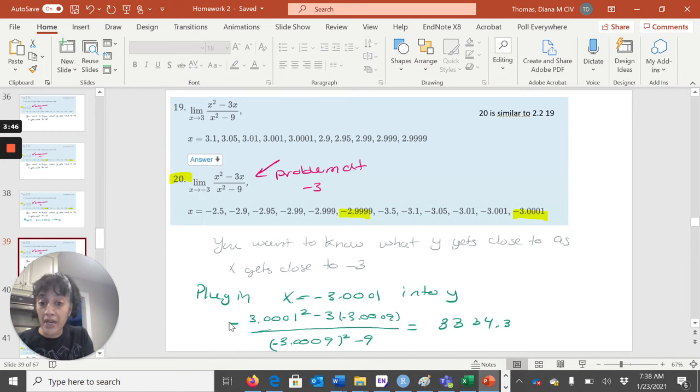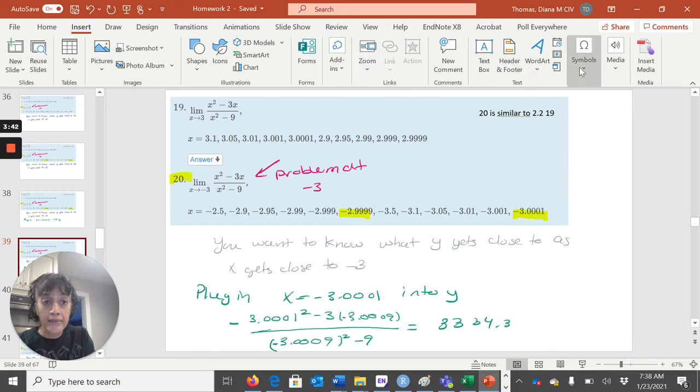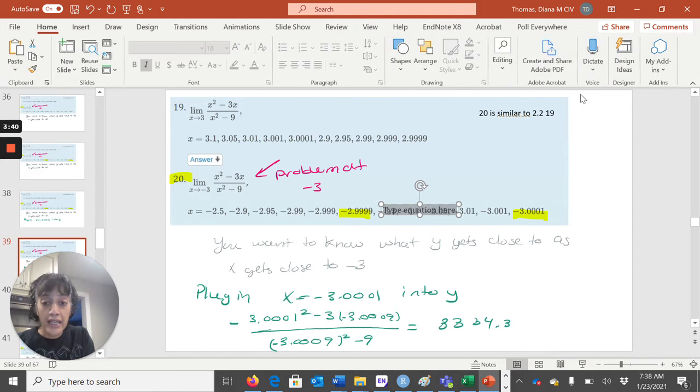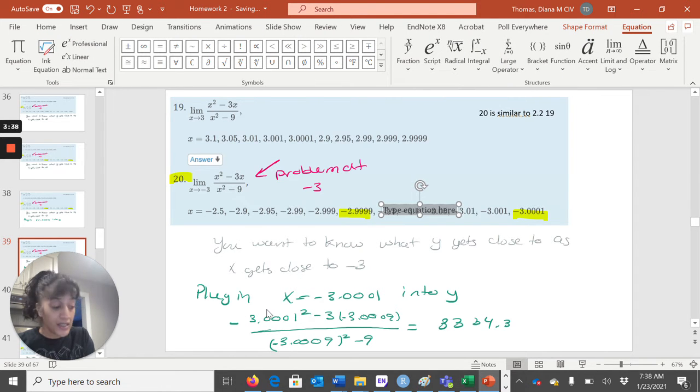Be careful with minus signs. I should have actually put in a left bracket and right bracket here. I didn't do that. Let me just do that right now. So it's very clear that there should be a bracket right there like that. I'm being sloppy here, and I'm asking you not to be sloppy.